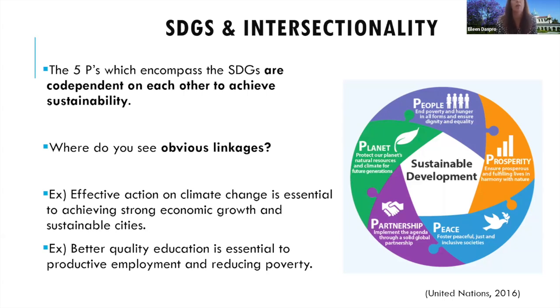For example, effective action on climate change, which is one SDG, is essential to achieving strong economic growth and sustainable cities, which are 2 other SDGs. Or better quality education, which is an SDG in itself, is also essential to productive employment and reducing poverty, again 2 other SDGs.